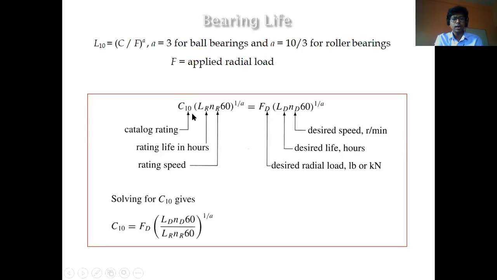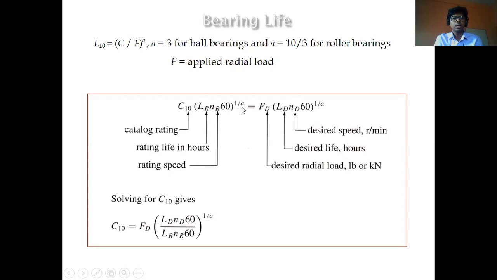C10 is the catalog rating, and in some cases you need to find this. All other conditions will be given in the formula, or in some problems the catalog rating will be given. By following that, you can find the other unknown conditions. LR is the rating life in hours, and this is the rating speed.